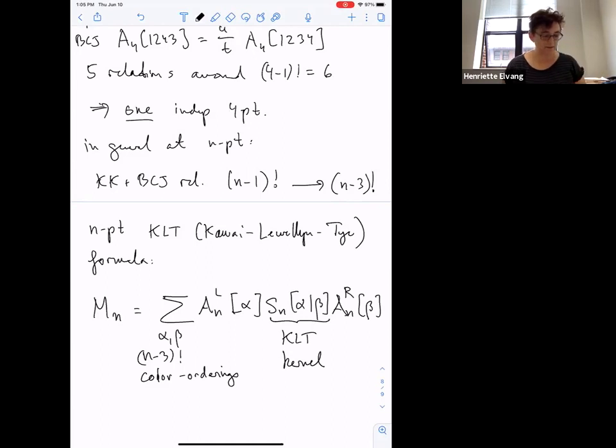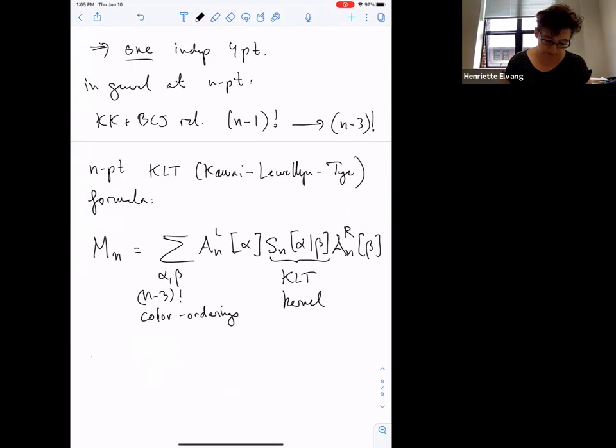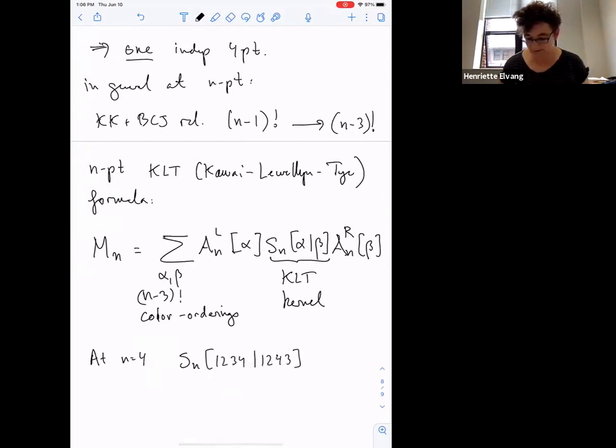And basically what that kernel is, is this set of Mandelstam variables that we saw before. So for example, at n equals 4, if I take this kernel to be 1, 2, 3, 4 with 1, 2, 4, 3, that particular color ordering has a kernel which is minus s. And that gives that double copy that you saw before. So you might ask, but what if I pick different sets of (n minus 3) factorial color orderings to sum over?